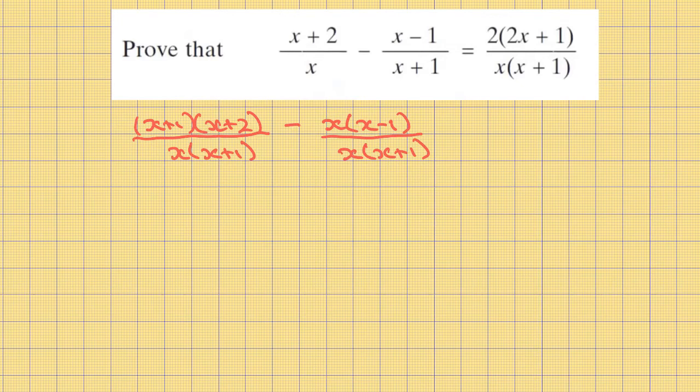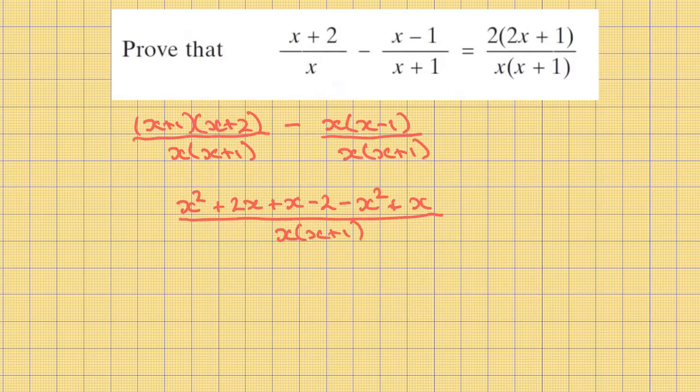Bring the two fractions together and multiply out, so I get x squared plus 2x plus x minus 2. Be careful now with the signs. Minus x squared plus x all over x times x plus 1.